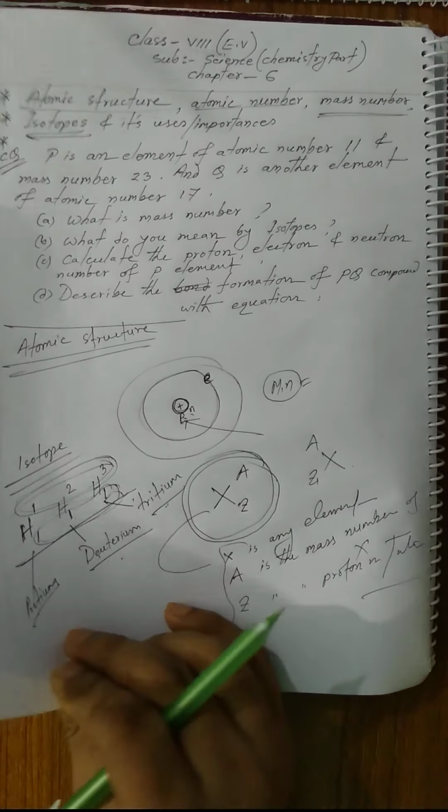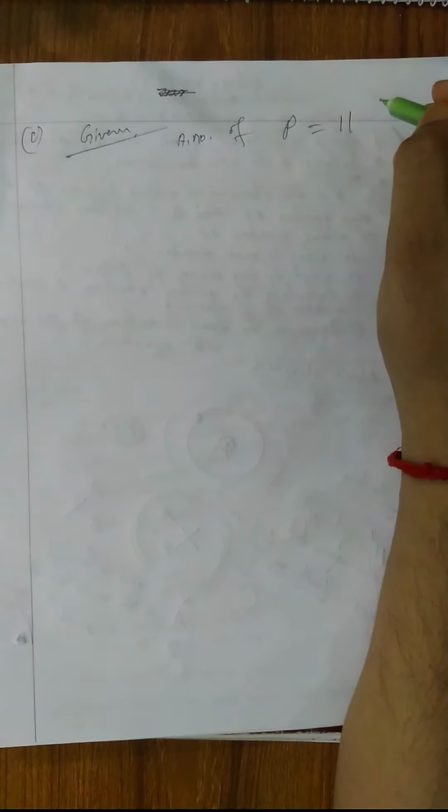The information of the P element is given that the atomic number of the P element is 11.